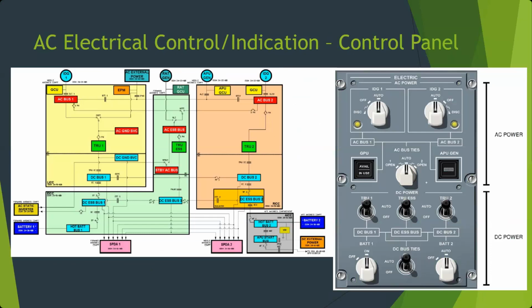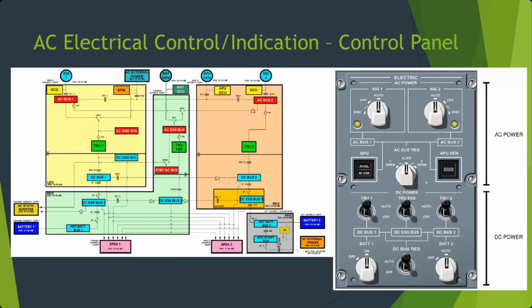Functions that were done by the flight engineer on older aircraft are now done by a computer. Most of the management of electrical systems on a modern airplane, during normal operation, the pilots don't even touch the control panel. It uses computer automatic management to run all normal operations.